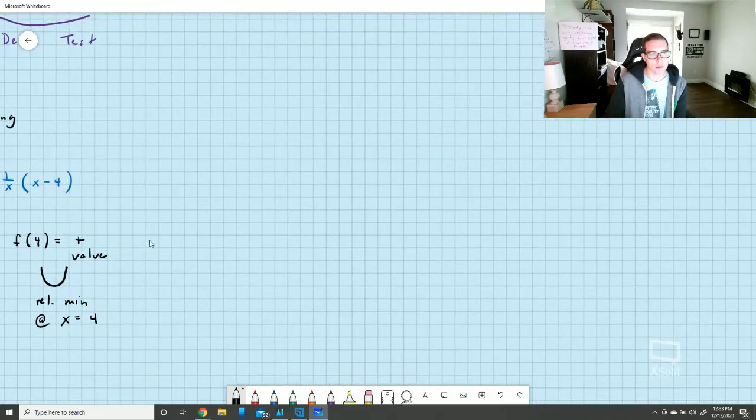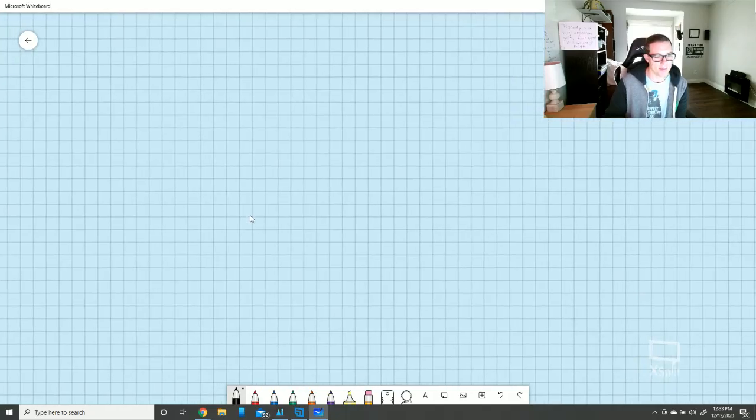Let's do one more example, and then, as promised, I forgot to do it last time, I'll give you an AP problem that you can take a look at. So third example, if I give you this information, f prime of 1 equals 0 and f double prime of 1 equals 0. Let's change the name of this function.